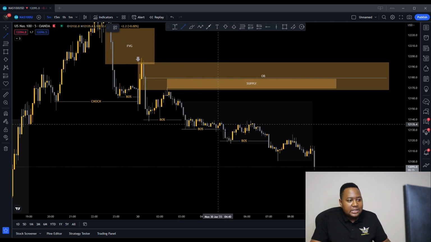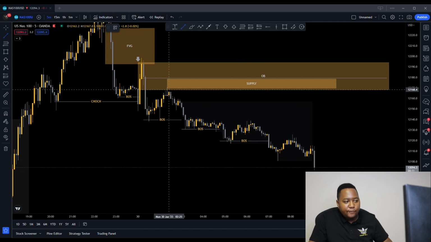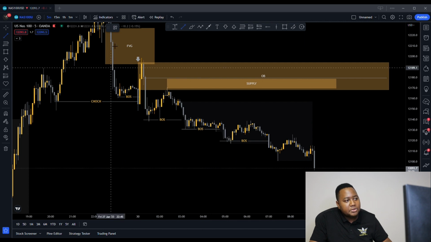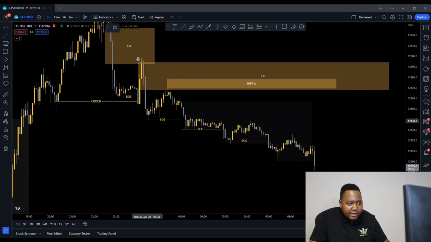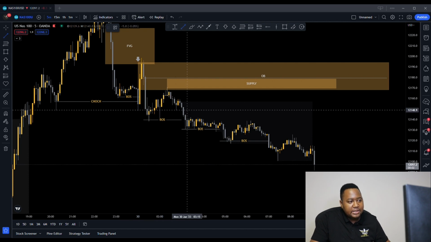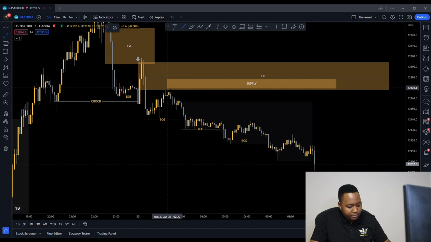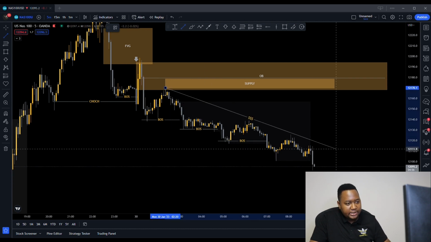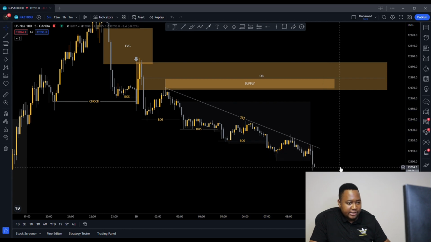So as you can see, these impulses are very small. This was a big impulse right here, and we had a pullback, another big impulse, and we can see it got smaller as it goes. So that means we might be seeing liquidity take place right here to break this whole trend.